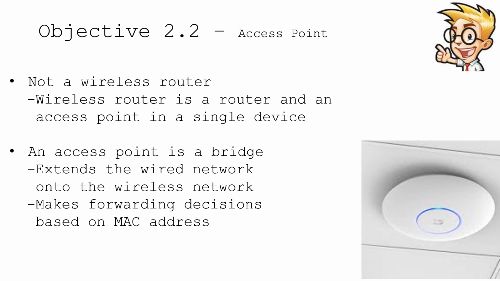An access point makes forwarding decisions based on the destination MAC address, which is identical to the way that a switch forwards information. The access point examines the destination MAC address and determines if that MAC address is on the wireless network or if it should send that to the wired network.